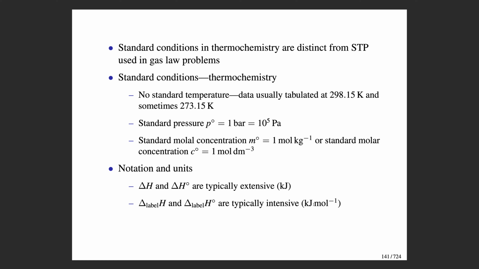Now there's no set rule here as far as I'm aware, but that's generally what you see. When there's a label given in a circle, that's going to be an intensive quantity expressed as kilojoules per mole. When there's no label given, it's typically kilojoules, although different authors use different conventions. So you just need to be aware of what the context is and pay attention to the units.